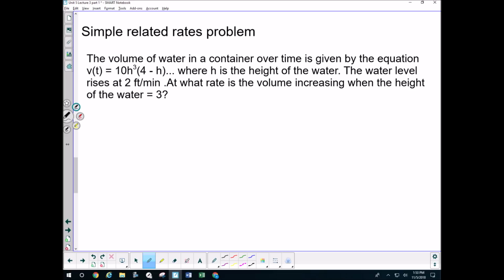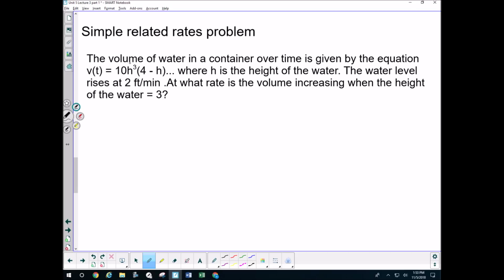So we're talking about increasing levels of difficulty as we go. This is the easiest one because the formula is given to you. All you need to do is write down the formula, translate the other information, and then just like your quiz problem, you're going to take the derivative of this thing with respect to t, plug in your information, and solve.